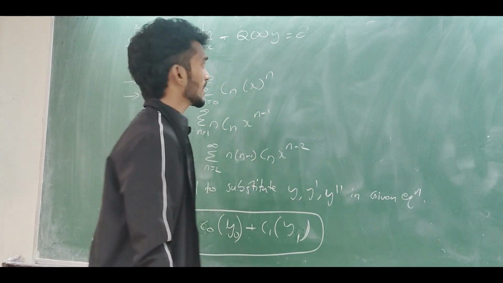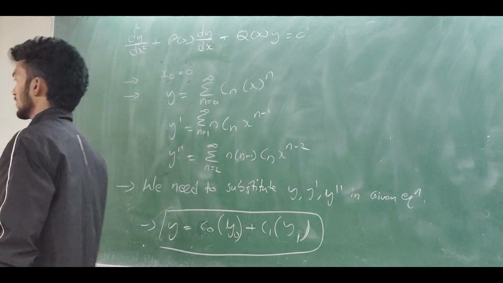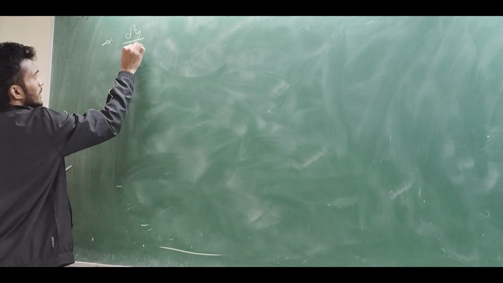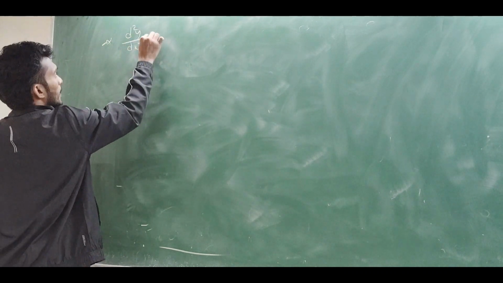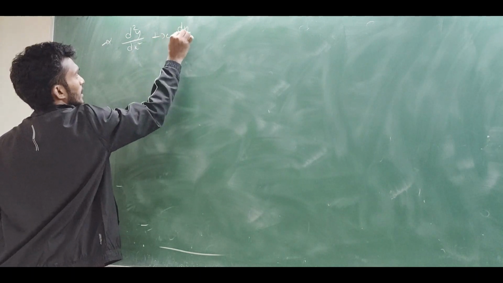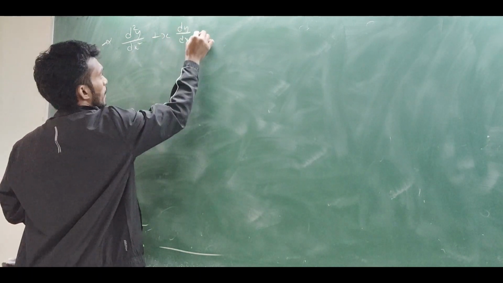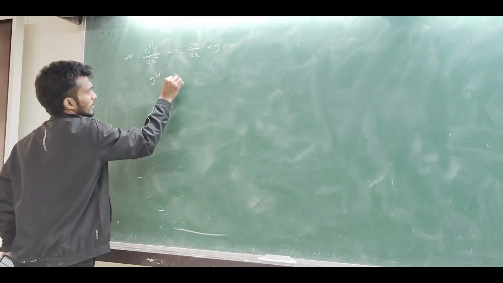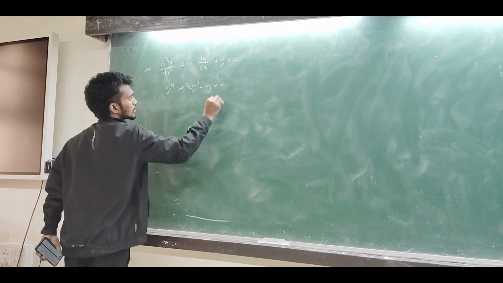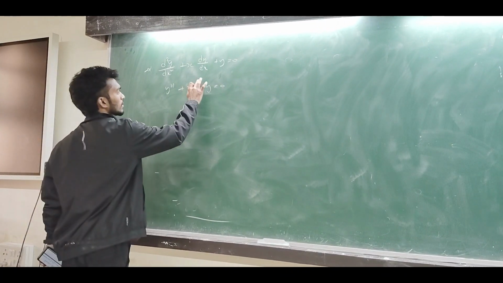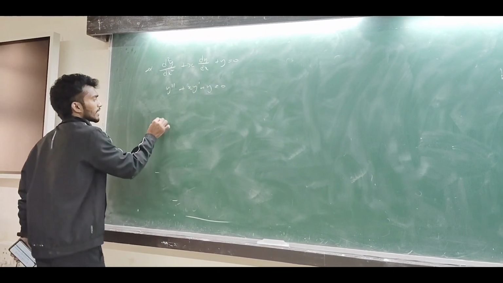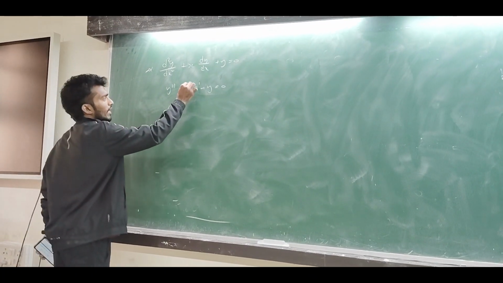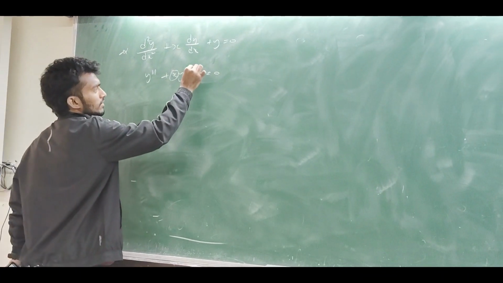Let's do one example, guys, and it will be easier for us. d2y by dx square plus x into dy by dx plus y equal to 0. I can write it as y double dash plus x into y dash plus y equal to 0.